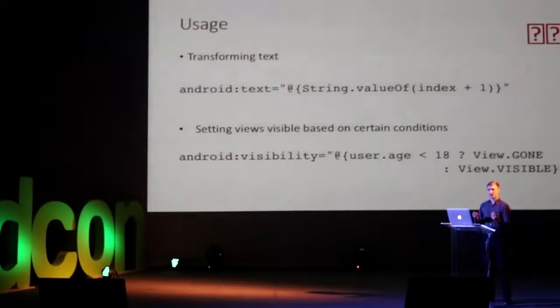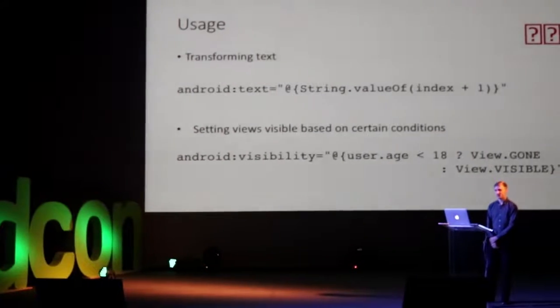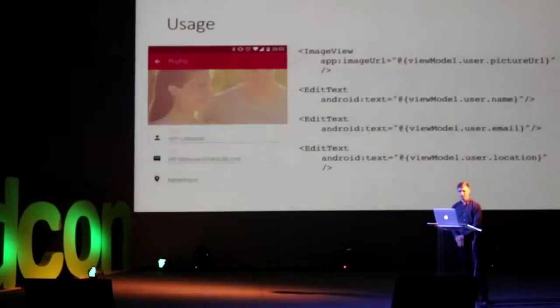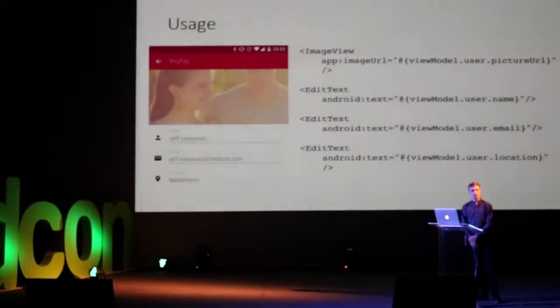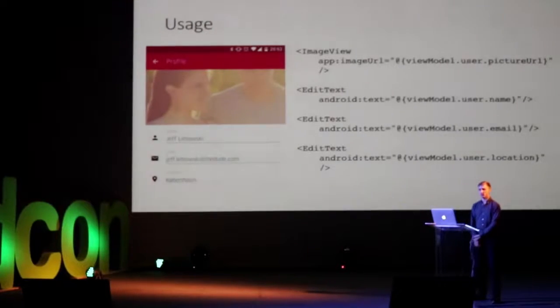Because when you put application logic inside the view, you make it harder to test. You make it harder to understand. The logic might be in two different places, which is generally a bad idea. So I'm showing this example, and you can do it, but just because you can doesn't mean that you should. Just so you know.